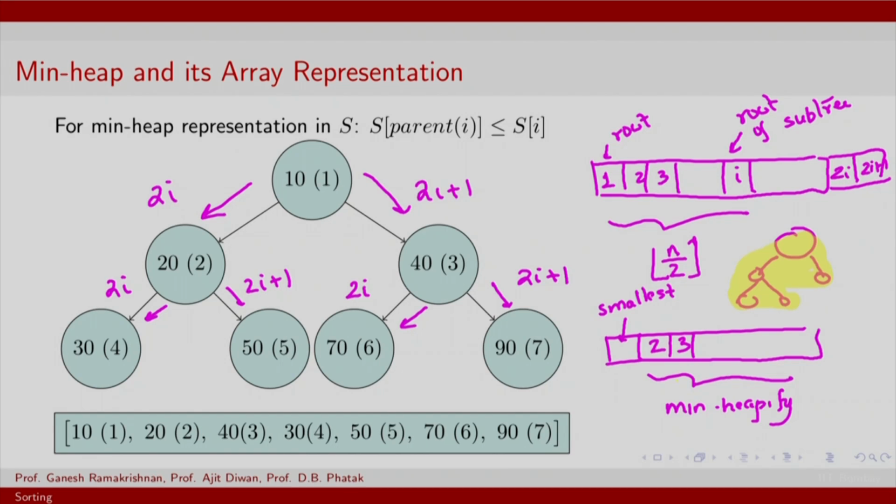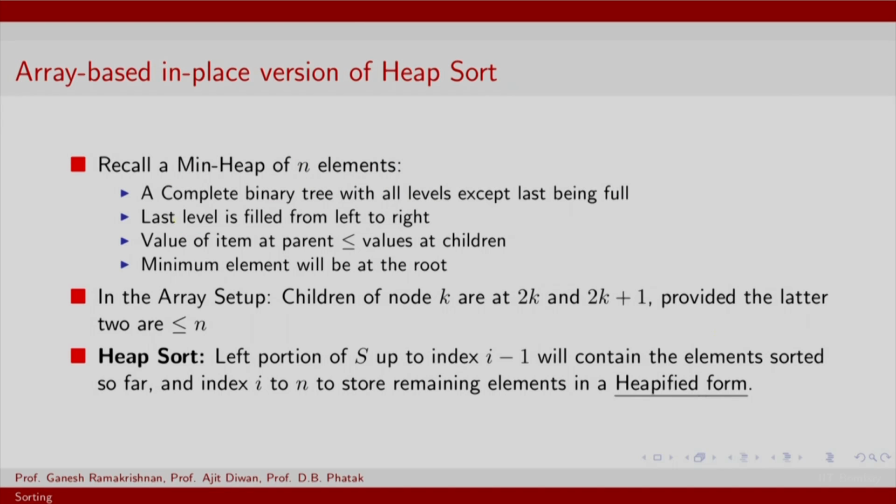So let us discuss this in place min heap sorting in some more details. All this is happening within a single array. So formally a min heap of n elements is a complete binary tree with all levels except the last one being filled. The last level is filled from left to right as I pointed out.